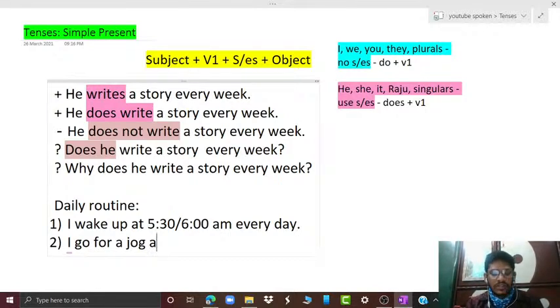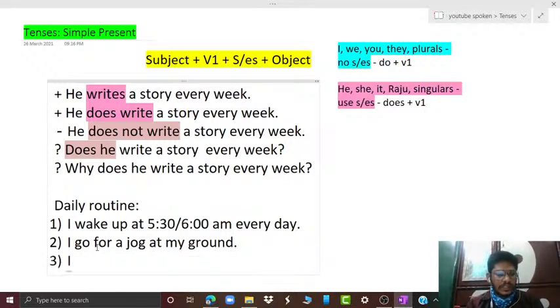I jog at Shamlanagar 8th line, or any one place, at my ground. So I jog at my ground.